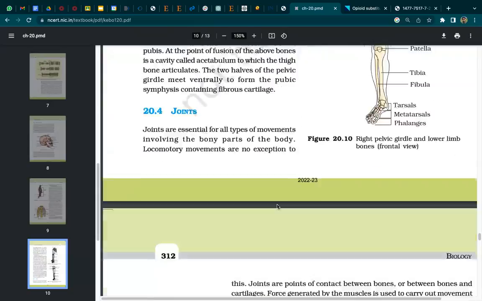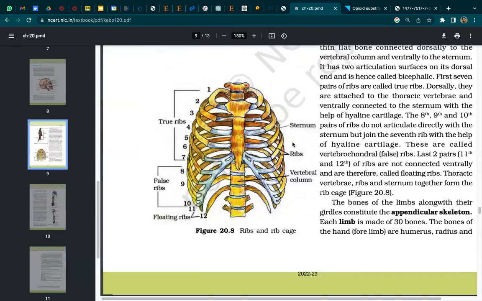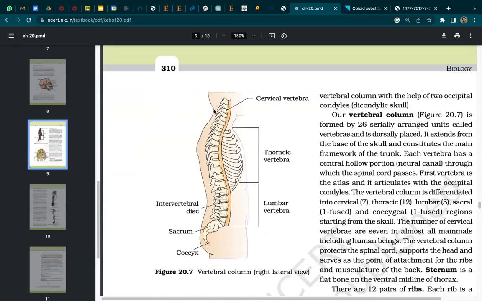Then there are cartilaginous joints, where bones are joined together with the help of cartilage. So between every vertebra, all these 26 vertebral bones are joined together with cartilage in between.